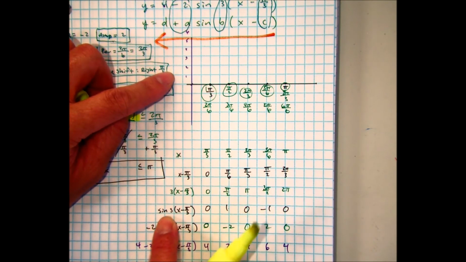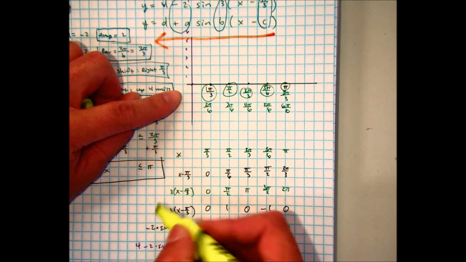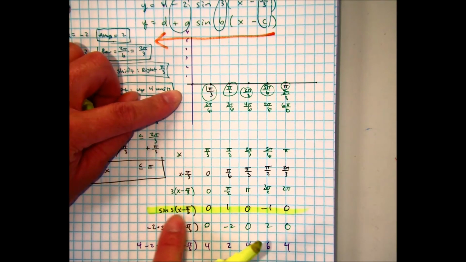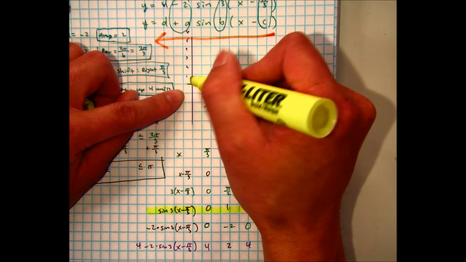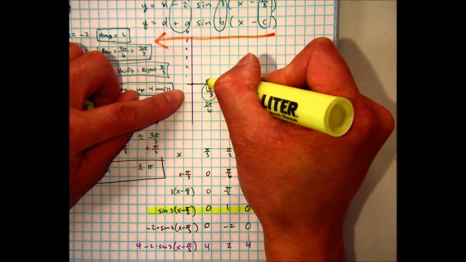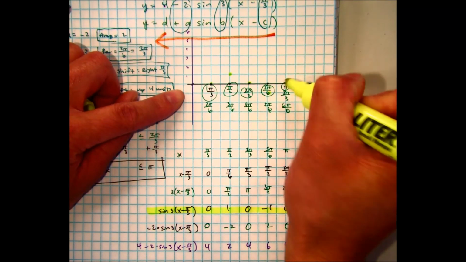We can do that from here. So you recognize a phase shift of pi over 3, and then a period of 2 pi over 3. So that gives us 0, 1, 0, negative 1, 0.